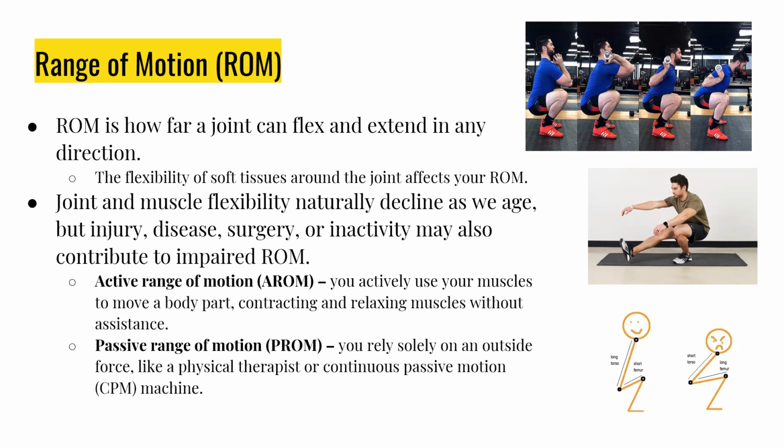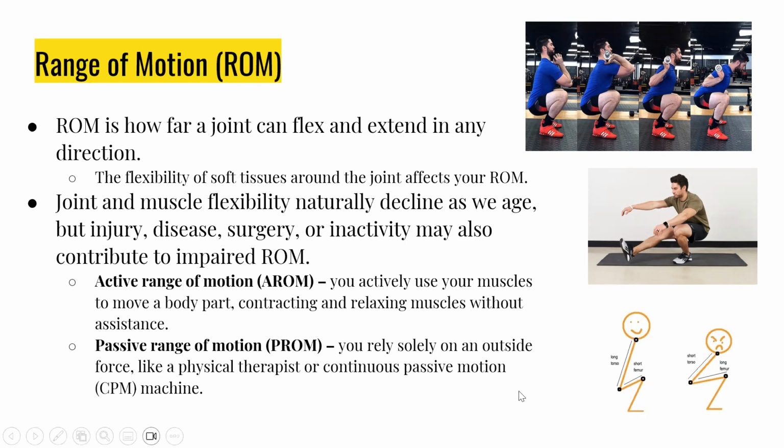Now let's talk a little bit about range of motion, which is very closely related to flexibility. ROM is how far a joint can flex and extend in any direction, right? And the flexibility of soft tissues around the joint affects your range of motion.